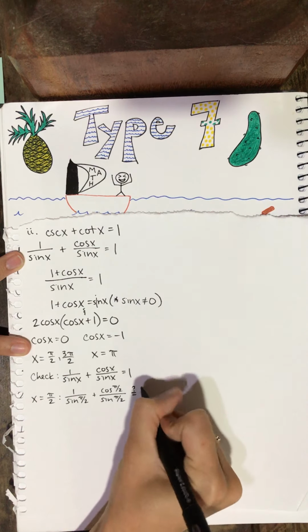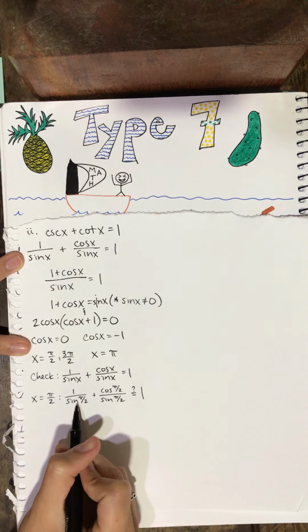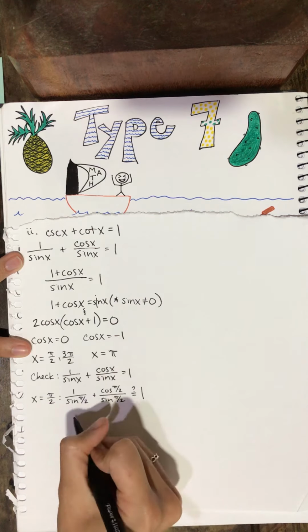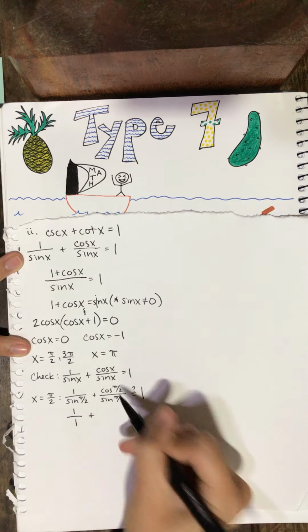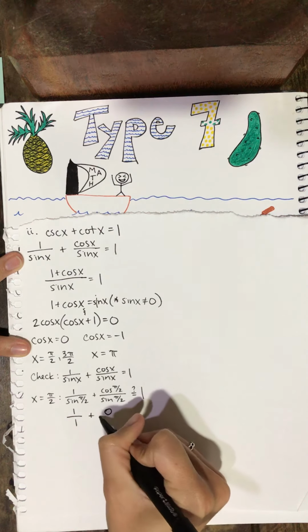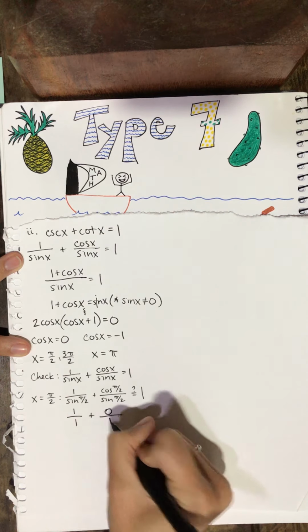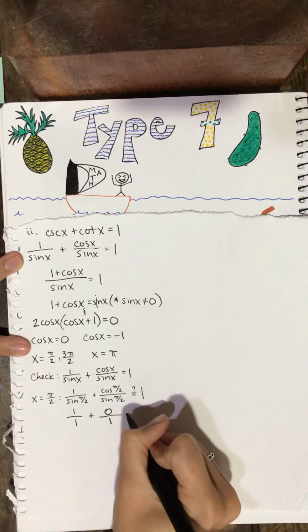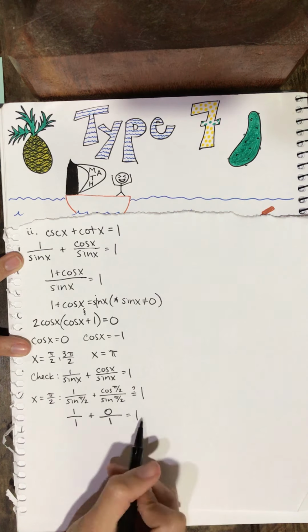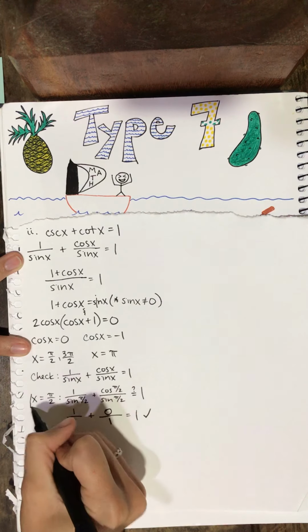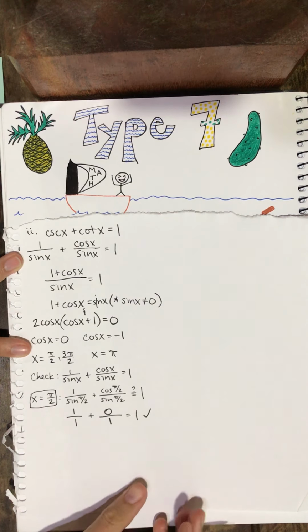So sine of pi over 2 is 1. So we're going to have 1 over 1 plus cosine of pi over 2, which is 0, over sine of pi over 2, which is still 1. 1 divided by 1 is 1. 0 divided by 1 is 0. 1 plus 0 is 1. So x equals pi over 2 is a valid solution.